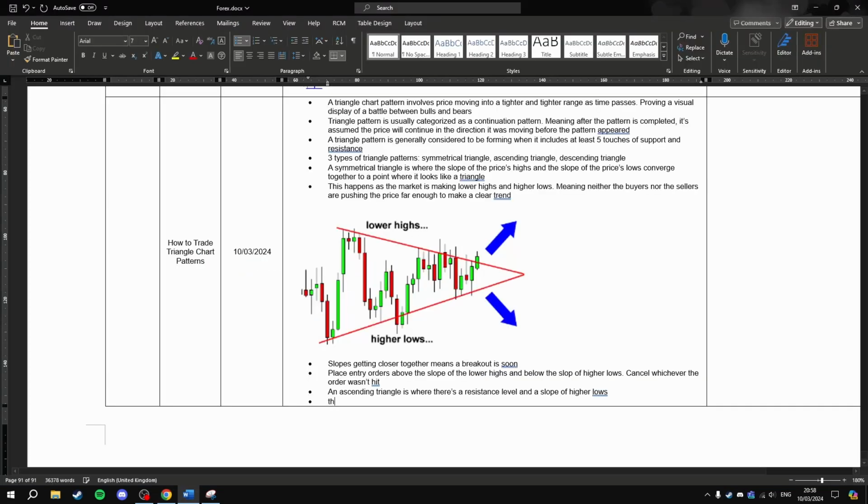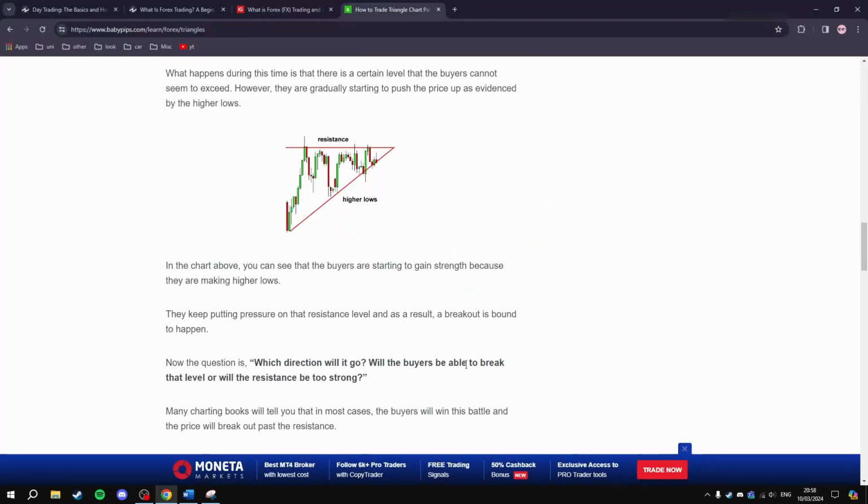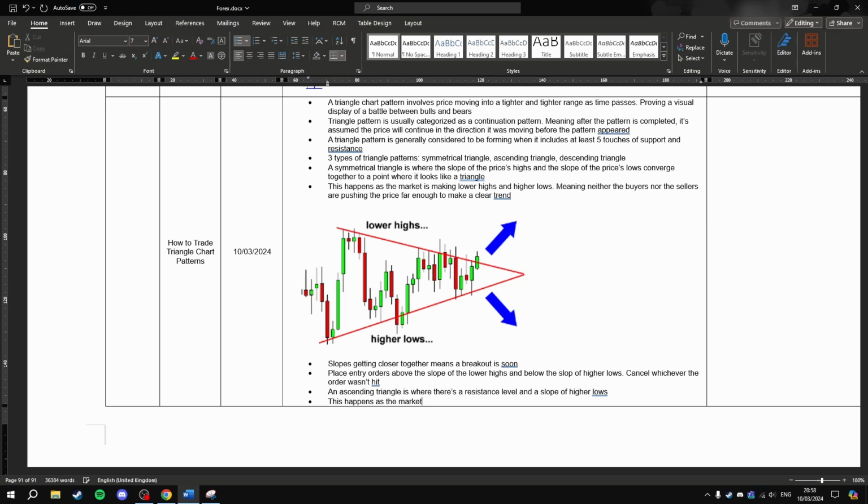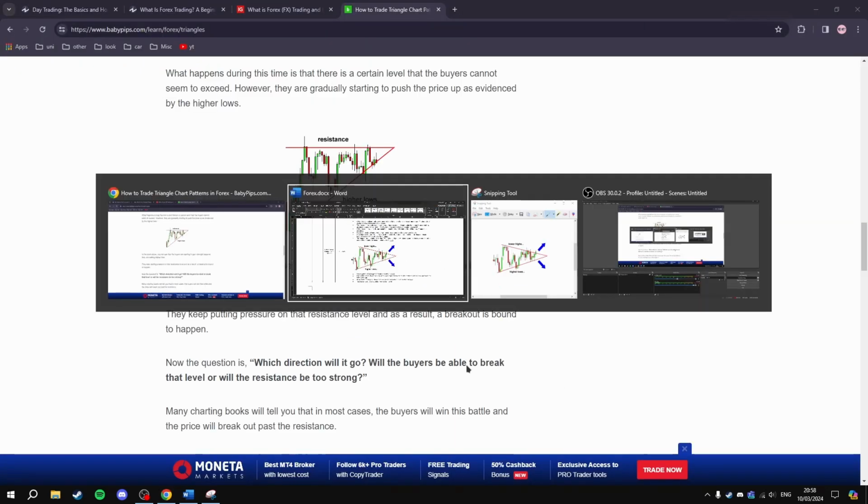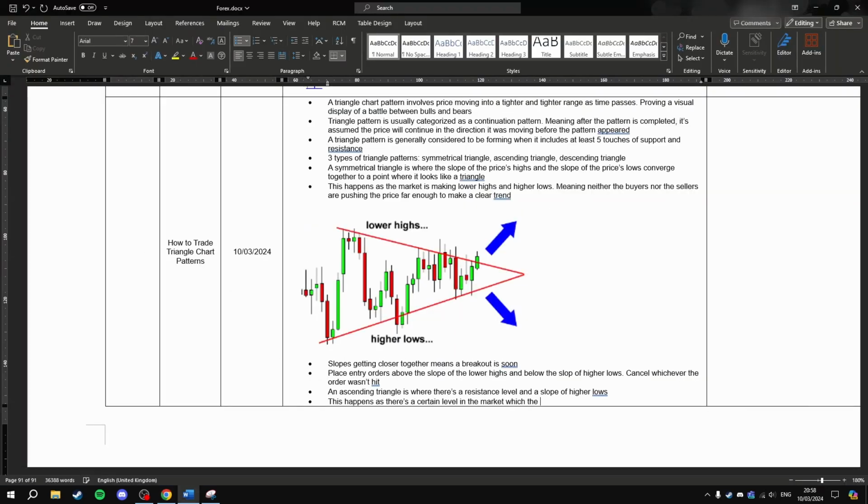So this happens as there's a certain level in the market which the buyers cannot exceed.